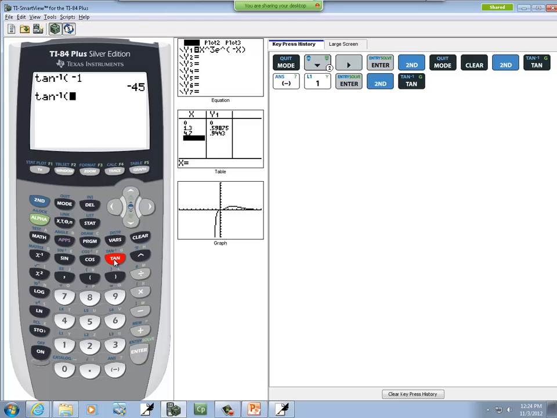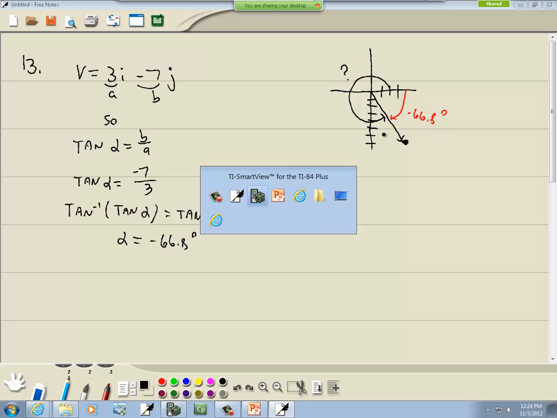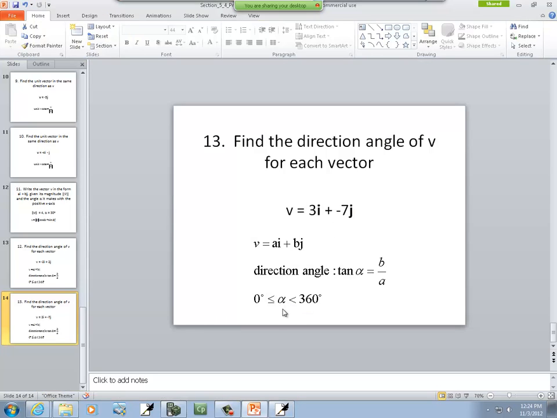Second tangent, negative 7, divided by 3. Negative 66.8 degrees. Well, negative 66.8 would be this right here, which is correct. I mean, that's where we want our vector at. But over here, and I put this, alpha has to be between 0 and 360 degrees, not including 360.